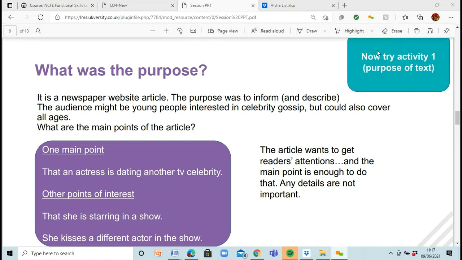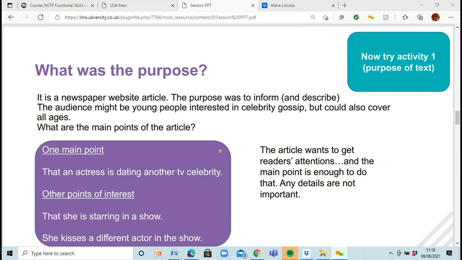This main point is more than enough for you to click on and find out what is going on. But it's giving you extra information to keep you interested and to give you more juicy details. You could do without those. They're not important. You could have just read this and been happy, because that's the main point.